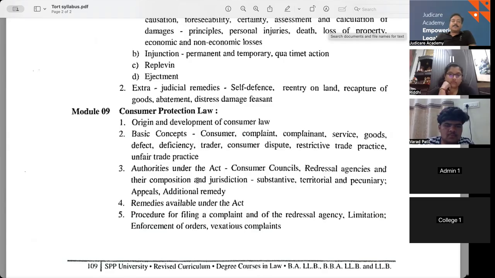Then trader is defined. A person or entity that sells goods or services is a trader. A trader could be a company like a biscuit selling company or a consumer goods company, or a local person who makes biscuits at his home and sells on the street. He's an individual seller, or it could be an entity like Glaxo or Britannia.